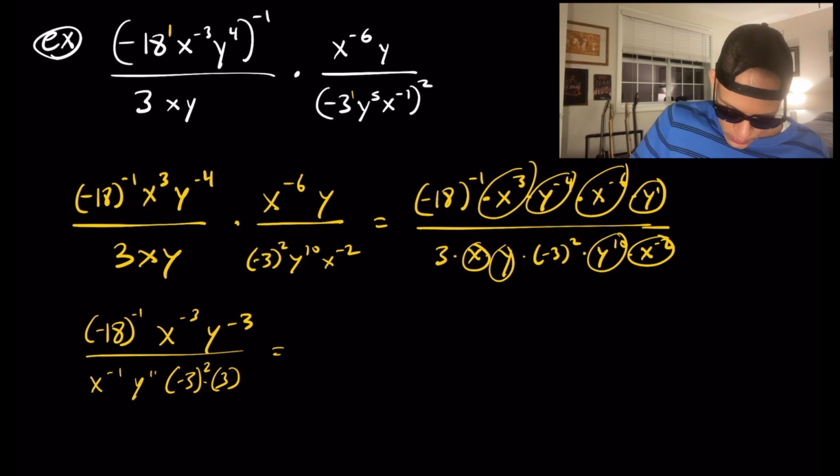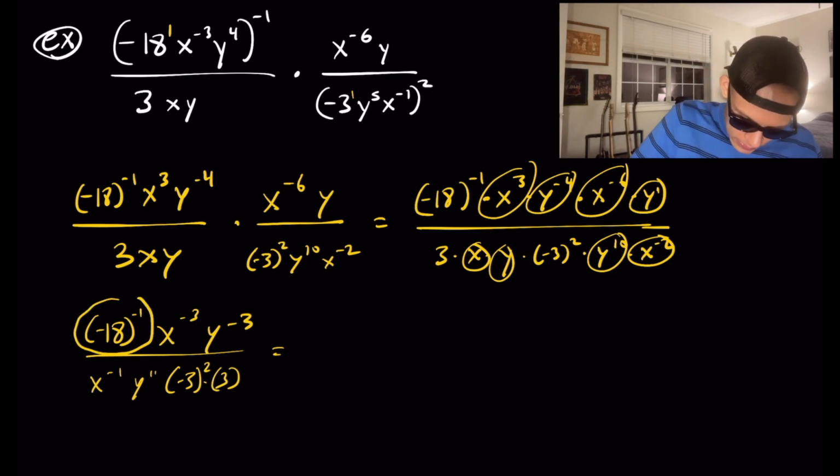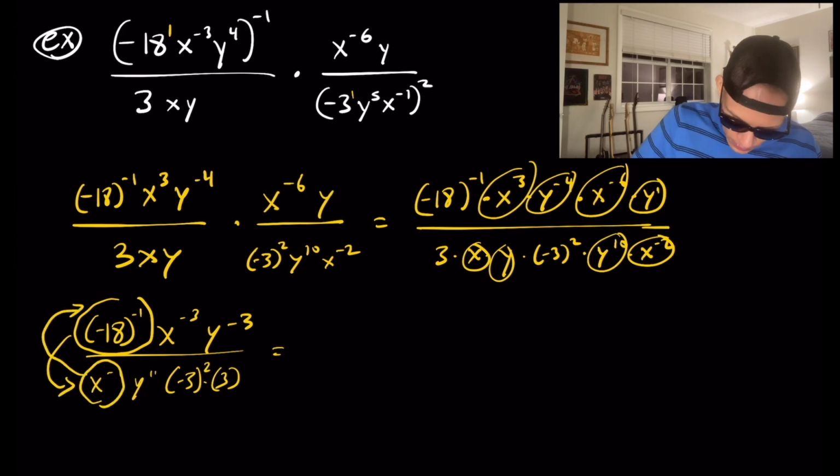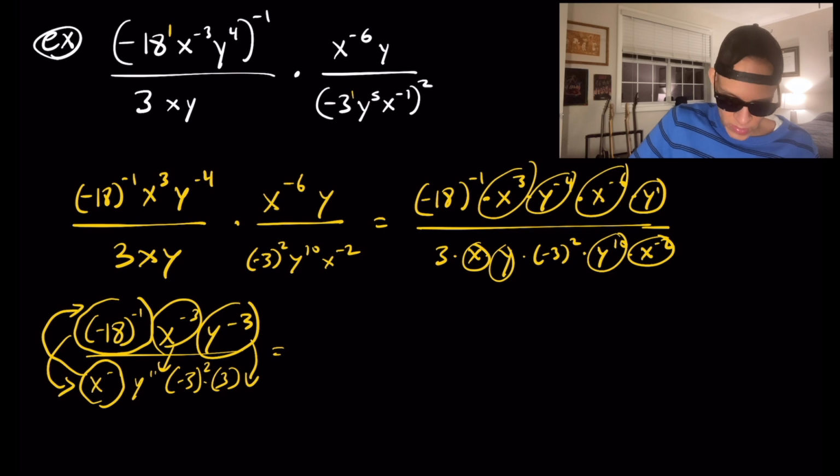So what I'll do is I will move around anything that has a negative exponent from the top to the bottom or the bottom to the top. So I'll take this guy, move him down. This one comes up. And this one goes down. Actually, the entire numerator goes down to the denominator.